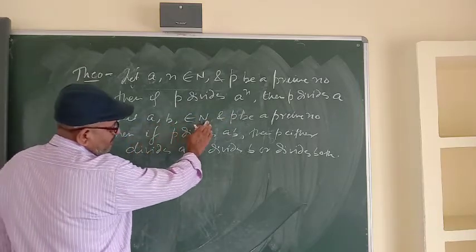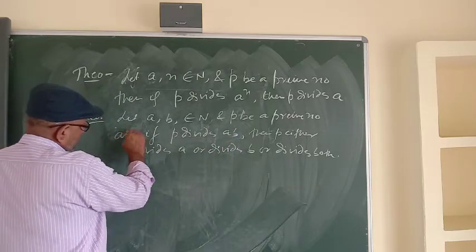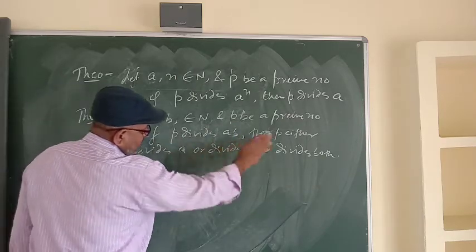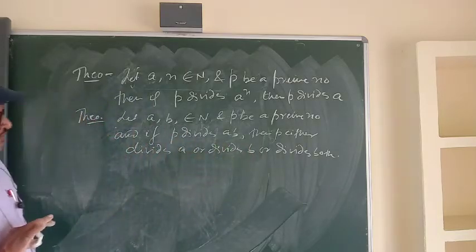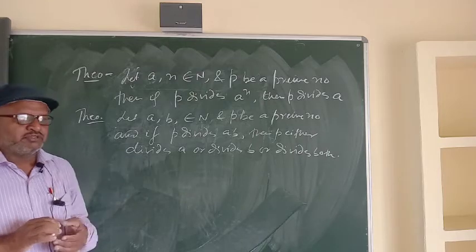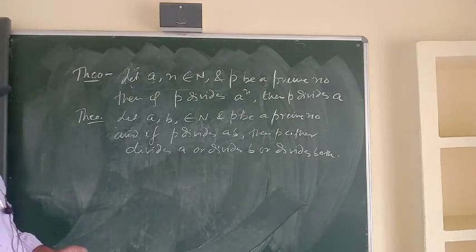Let a and b be natural numbers, p be a prime number, and if p divides ab, then p either divides a or divides b or divides both. So we will take the help of these theorems to prove a given number irrational.